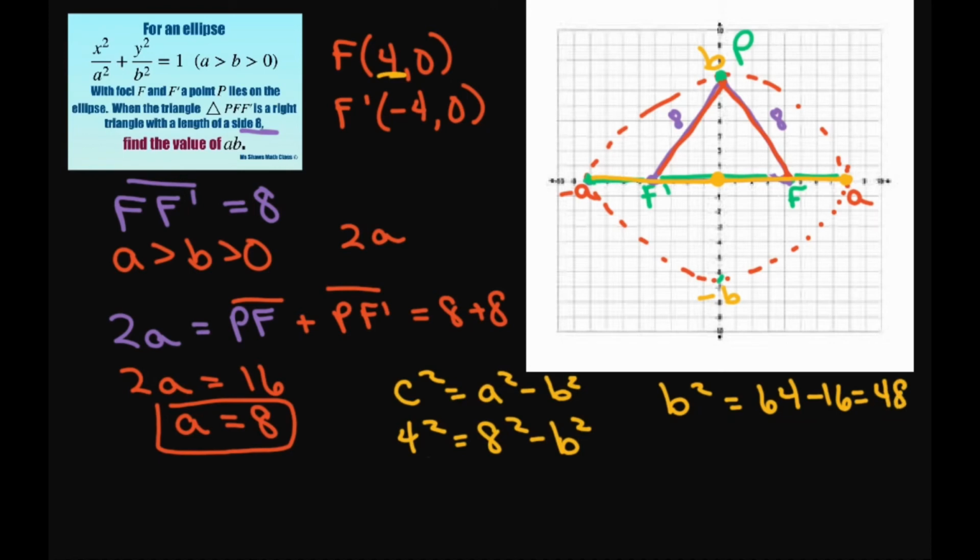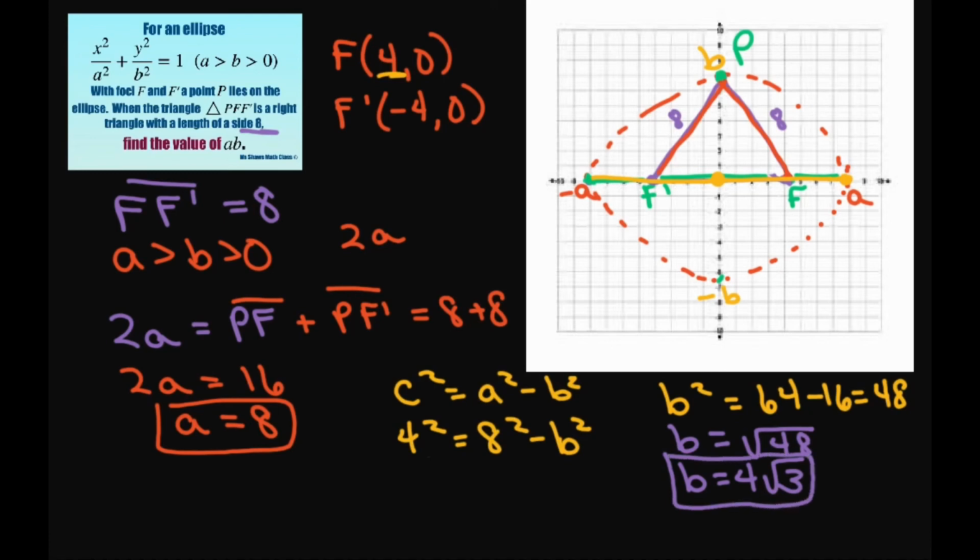Now we have to find B, so B is going to be the square root of 48. Well, that is 16 times 3, so we can pull out the square root of 16, which is 4, and we have to leave 3 on the inside. So here's our B.